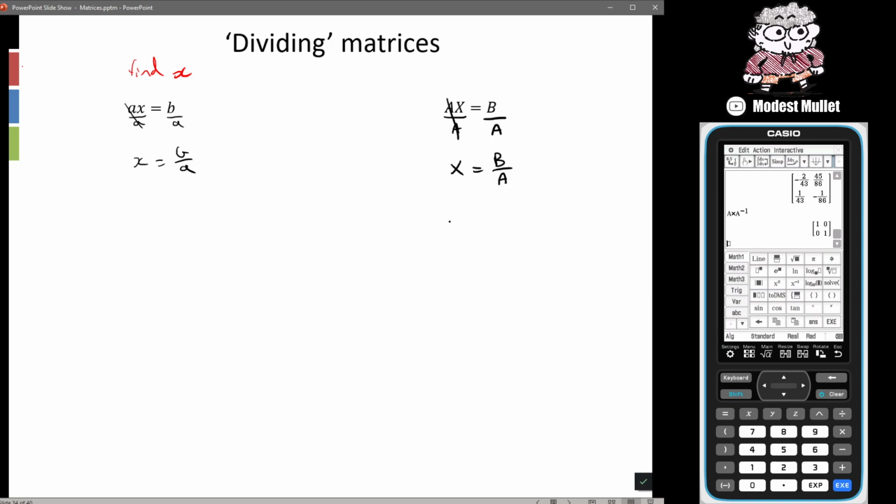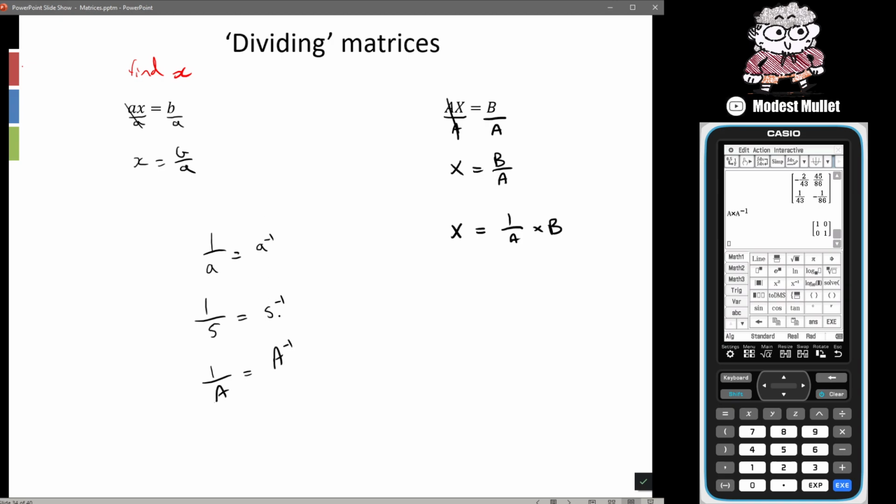Well, why is the inverse handy? If we break this b divided by a out, we can say x is equal to 1 divided by a times b. And we know that 1 divided by a, or 1 divided by anything, we can rewrite using index laws as a to the negative 1. 1 over 5 is the same as 5 to the negative 1. 1 over the matrix A is equal to the inverse.